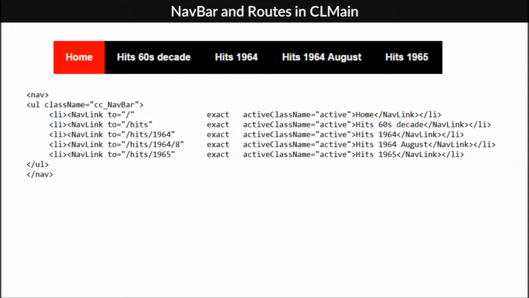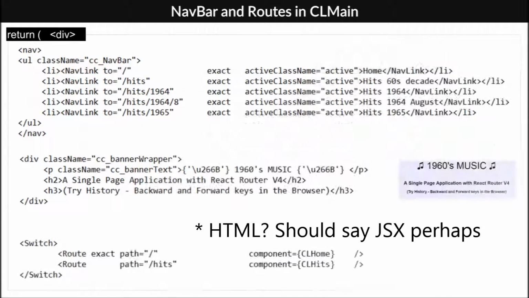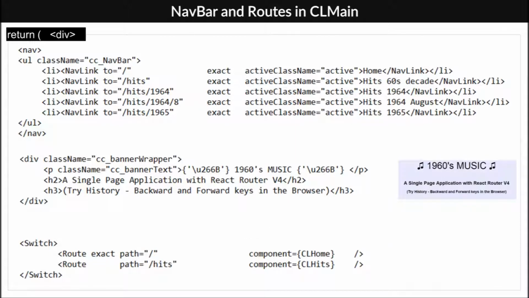So let's remind ourselves, this is the navbar screenshot and all the HTML that we had to define to get that navbar to appear. And where is it? That navbar, all the HTML is sitting in the return statement, which is of course inside the render method of the CL main.